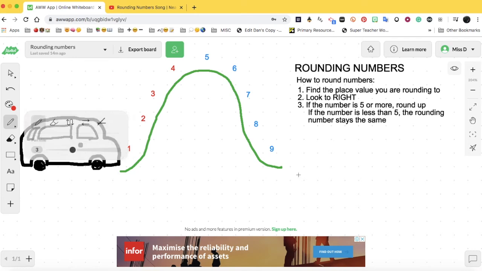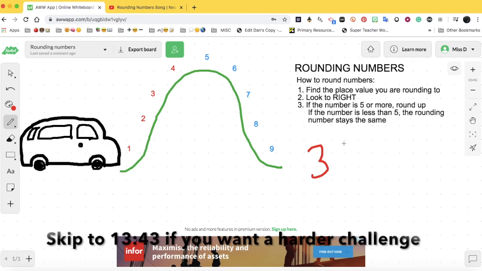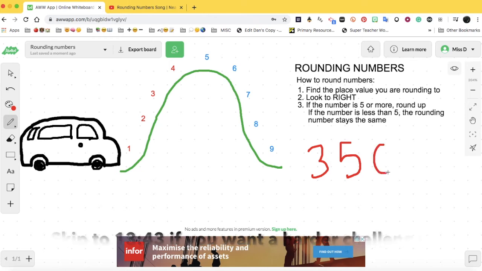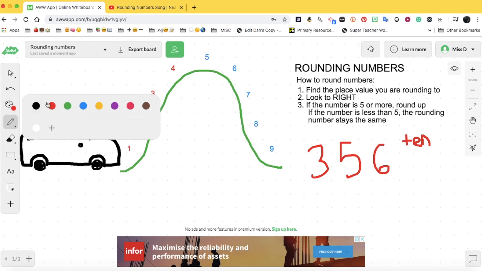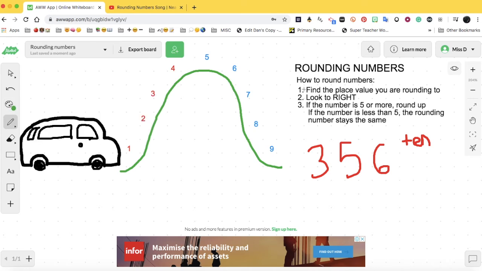Okay, and we'll do a nice and easy example just with hundreds, tens, and ones. 3, 5, 6. So if I ask you to round it to the nearest 10, what's our first step? Remember, our first step is we find the place value that we are rounding to. So what number's in our tens place? 5.